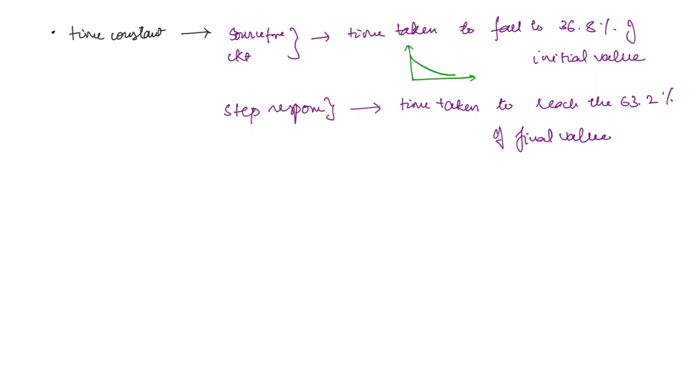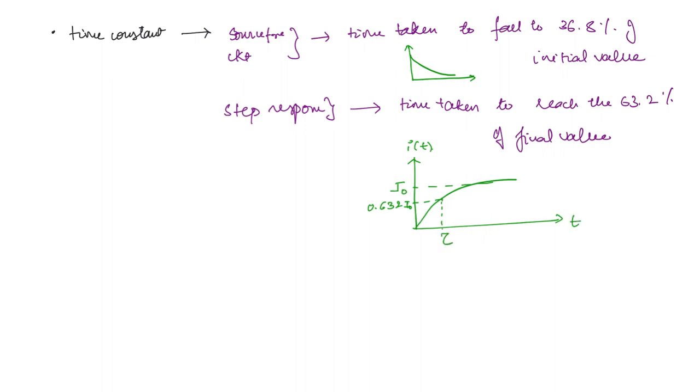But for a step response, how was the curve? It was like this. Considering a zero initial value, the final value, let us say this is some current I naught. To reach 63.2%, this is 0.632 I naught, this time will be tau.